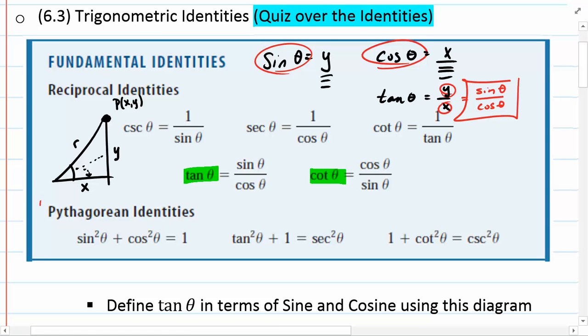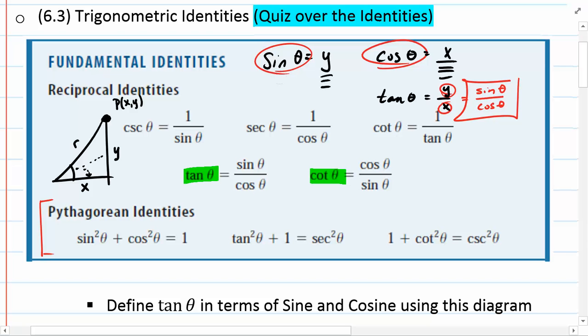We also have three additional Pythagorean identities. These are identities that hold true because of the right triangle that's formed in this angle. For example, sine squared plus cosine squared has to equal the number 1. Sine squared of theta plus cosine squared of theta has to equal 1. And that should make sense to you.